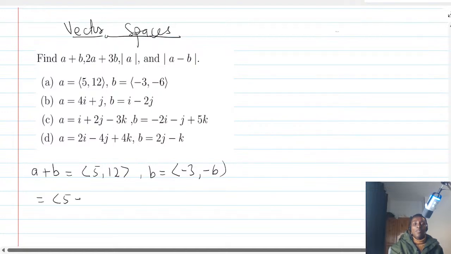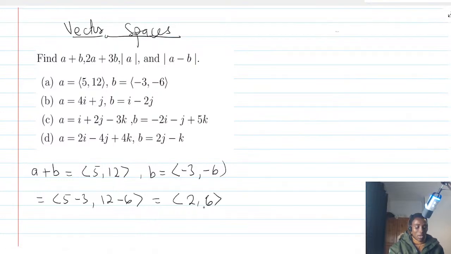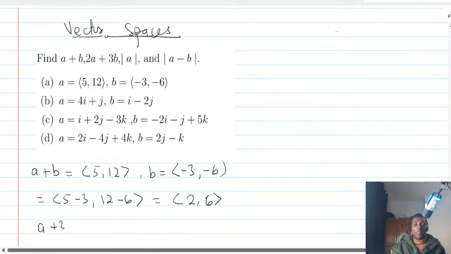It's going to be 5 minus 3, comma 12 minus 6. That's all. So it's going to be 2, 6. Is that right? Okay. So vector addition is really simple.